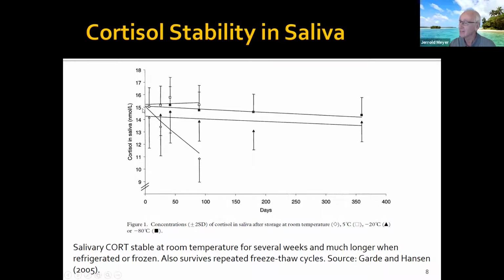But amazingly, there's still quite a bit of it left even after many dozens of days. But you don't want to do that, of course.